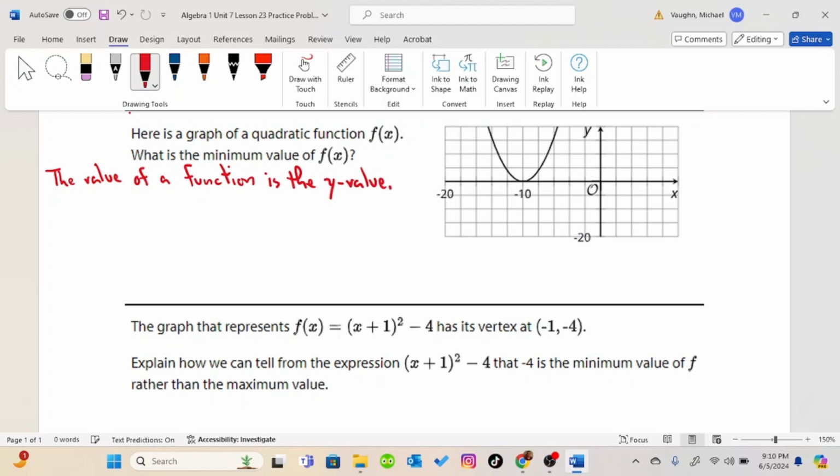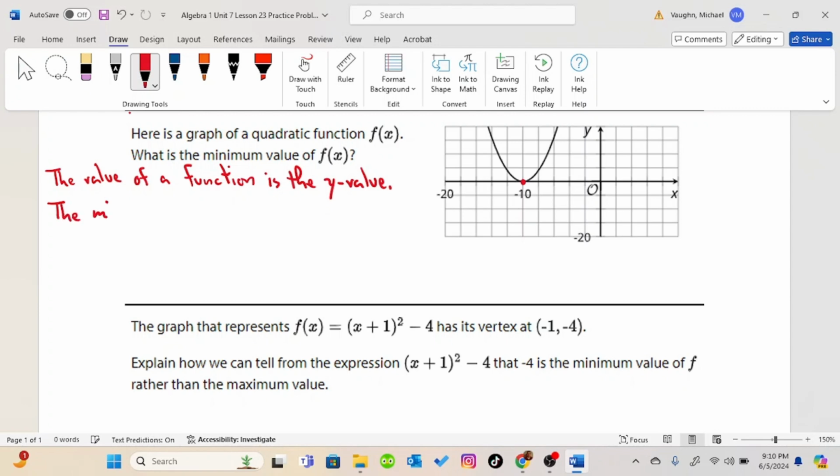So, if we want the minimum value of f of x, we want the lowest y value on the graph, and that would be right here at our x-intercept, where x is negative 10 and y is 0.